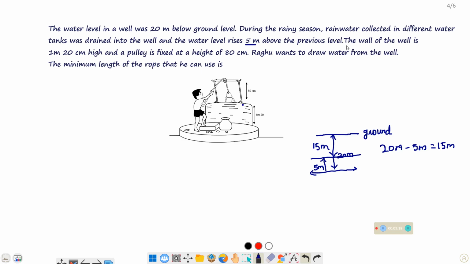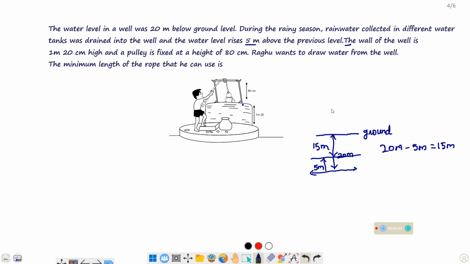Now let's go to this other part of the question. The wall of the well is 1 meter 20 centimeters high. If you can see in the picture, this is the well, and the height of this wall of the well is 1 meter 20 centimeters.